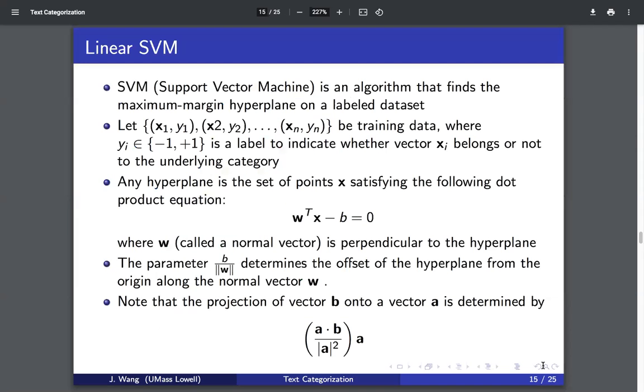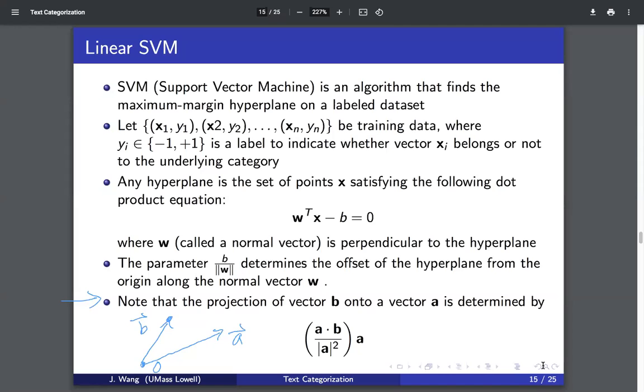All right. Another thing we want to look at here is the projection of vector B. What it means is, let's say I have two vectors. This is the origin, this is a vector A, and this is a vector B. So what is the projection of vector B onto A?